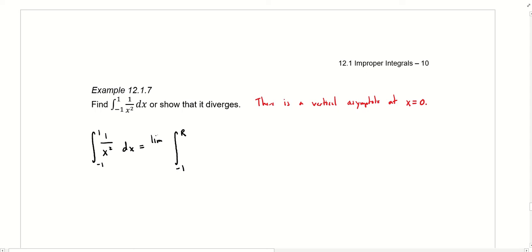And I'm going to eventually take the limit here as r goes to 0 from the left. And then I'm going to add to that the integral from r, the placeholder for 0, to 1. And I'm going to take the limit of this thing as r goes to 0 from the right.